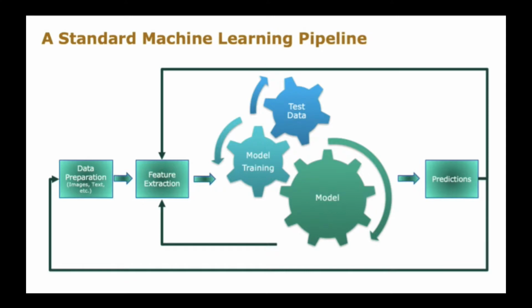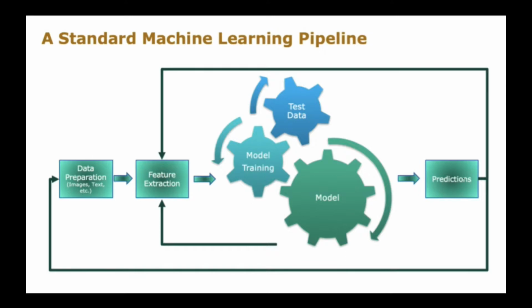So you extract the features you want, then you create your model. After you create it, you want to train it on some of your data. And once you've trained it, you want to test it on data so that you're able to use the knowledge you gain from the model training on other sets of images or text, whatever your initial data was.